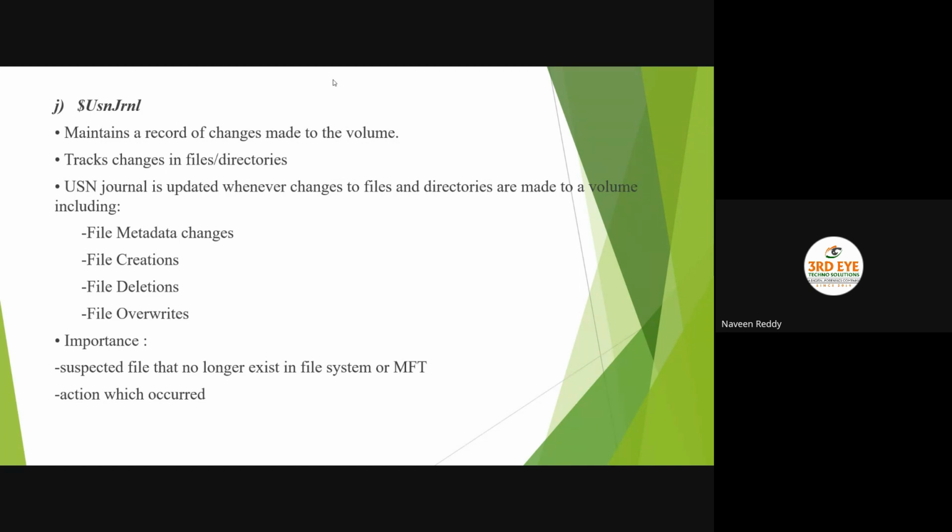And whenever I say it tracks all the changes, it doesn't mean that whatever changes were made in the content of a file will be stored. What actually is stored is file metadata. If there are any changes in the file metadata, if a file was created, if the file was deleted, if the file was overwritten, these kinds of things will be stored.